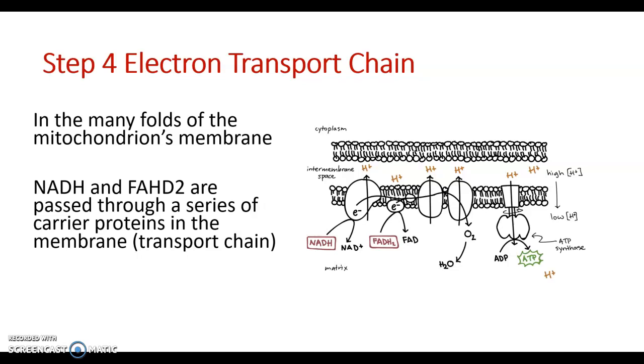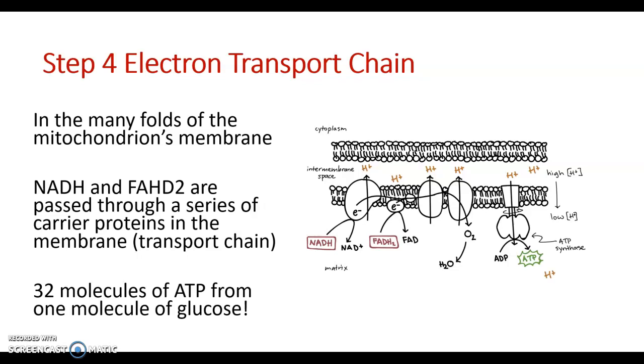That is a very big return on investment. So 32 molecules from only 1 molecule of glucose. So every glucose that we split off of one of those larger complex carbohydrates, we're going to get 32 molecules of ATP out of the electron transport chain.